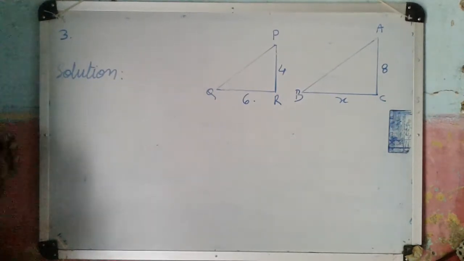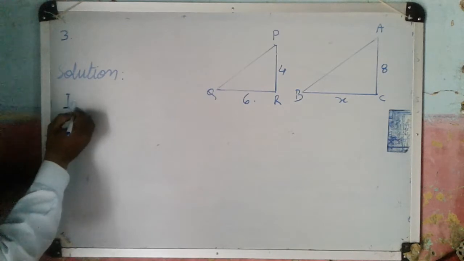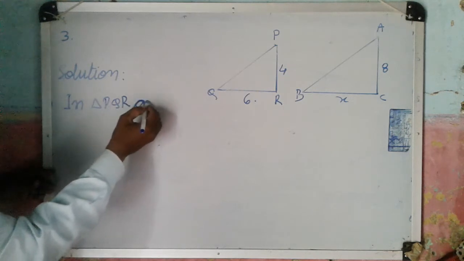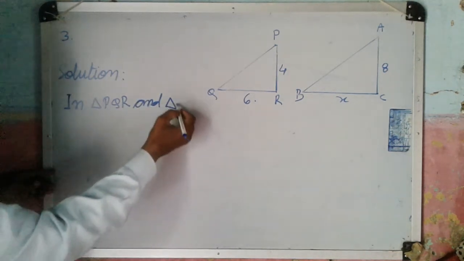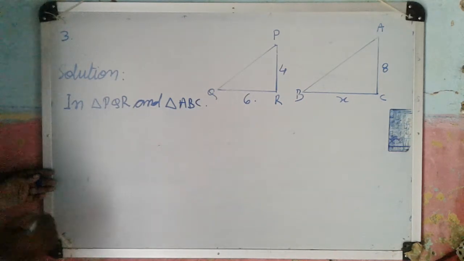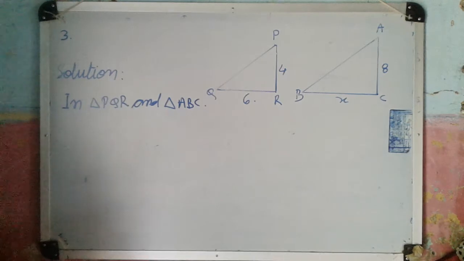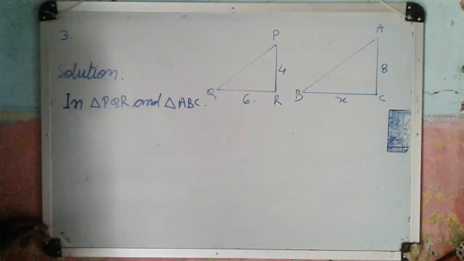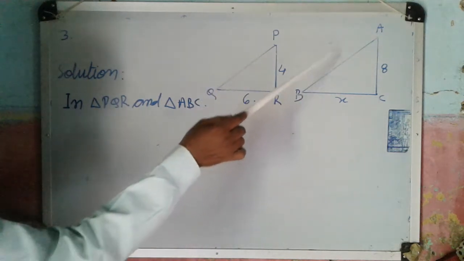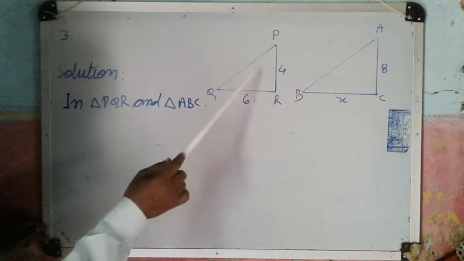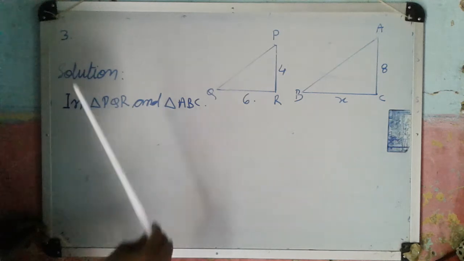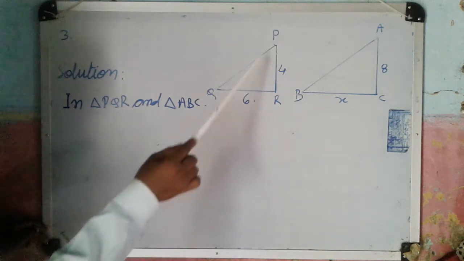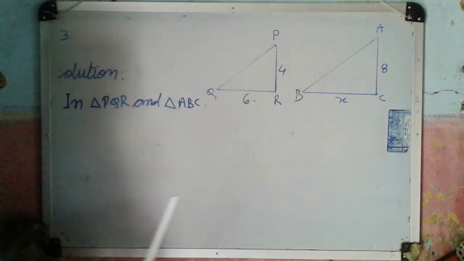So here in triangle PQR and triangle ABC, PQ and AB are sun rays coming from far away from the sun, and it is supposed that these rays, coming from far away on the earth, are parallel to each other. That means PQ and AB are parallel rays.